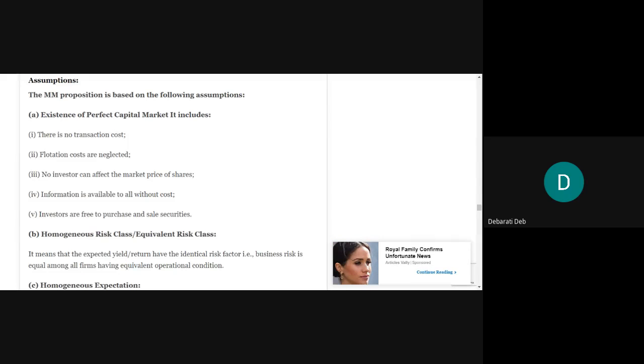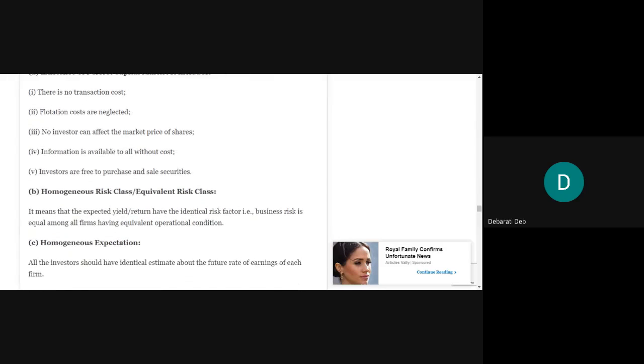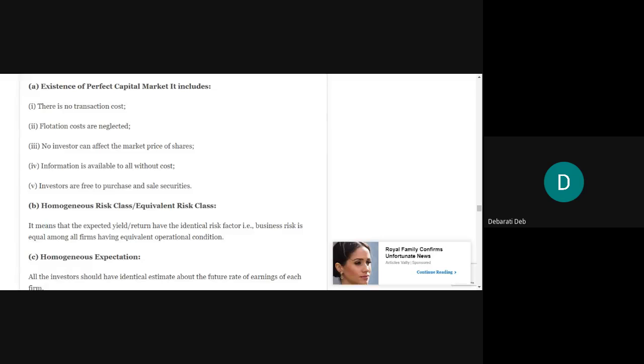Then investors are free to purchase and sell securities. Investors don't have any regulations. Investors don't have any bar on the purchase and selling of the securities that they hold. These are all coming under the first assumption, where they have assumed that there actually exists a perfect capital market.